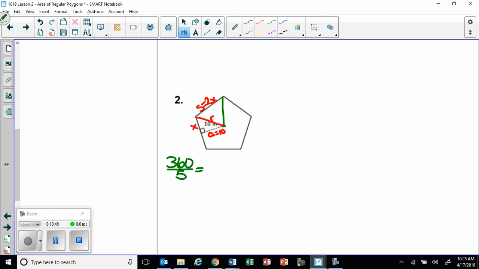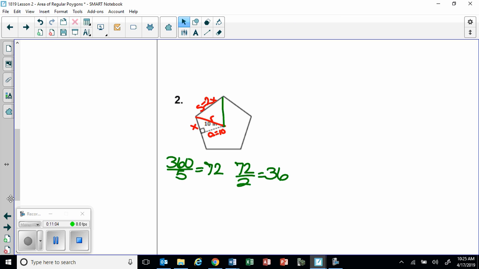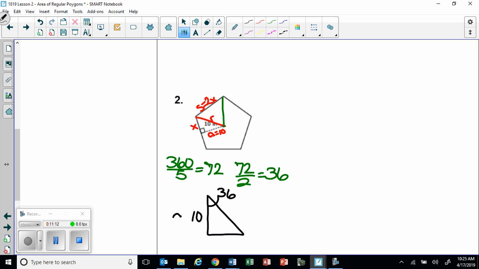That's what? 72? So if I cut that in half, I get 36. Let's take out this triangle. 36 for my angle, 10 for my apothem, x, r, oh boy.